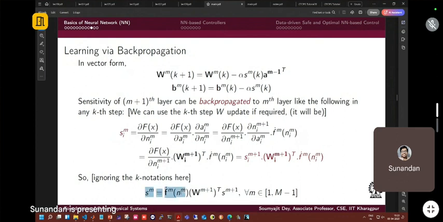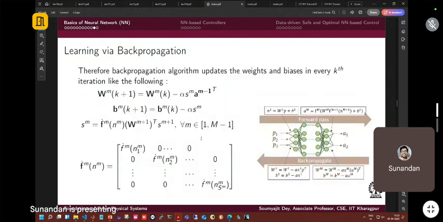This is the final formula for the mth layer. What is the sensitivity? The sensitivity of the mth layer in the neural network with respect to its output. This is how we compute that, and based on that, this is how you update the weight values using backpropagation.